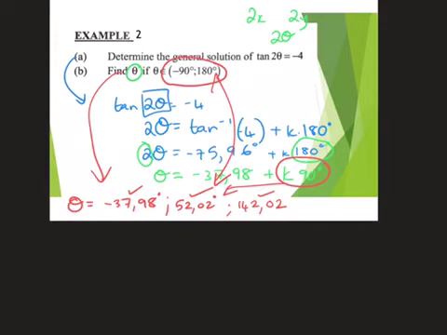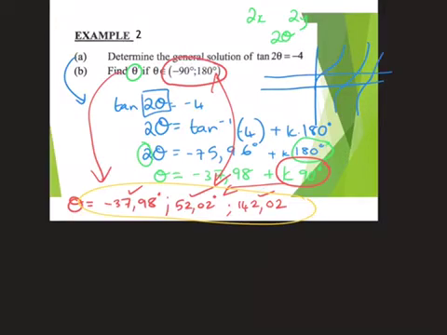Negative 90 is my limit. So these three answers are the only times my tan graph is going to cut in this situation. So imagine there's a line here and we've got some tan stuff going on, right?